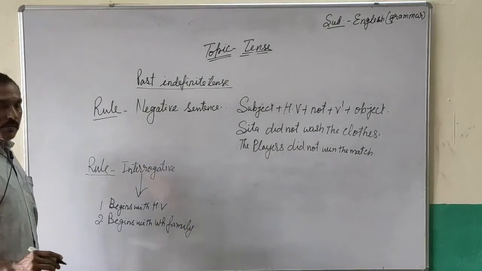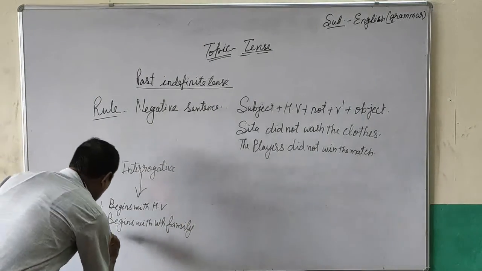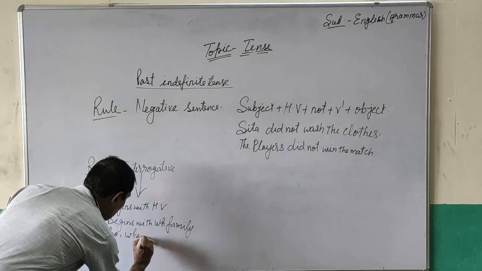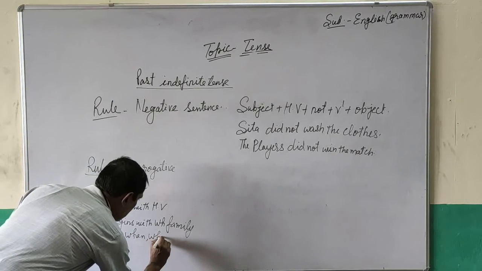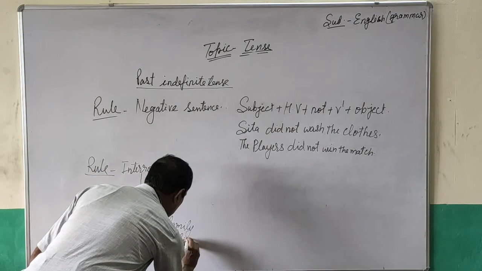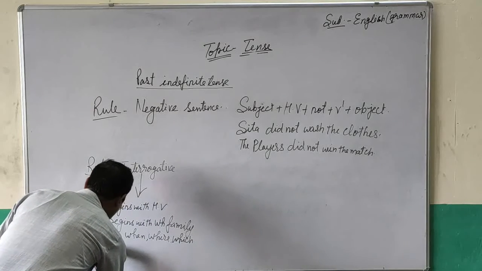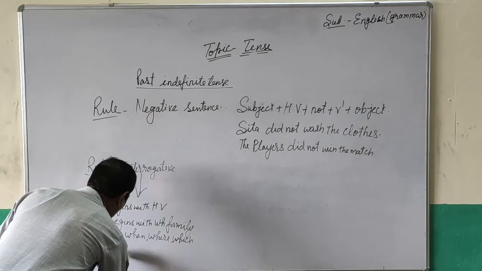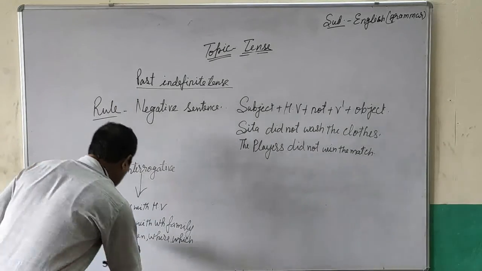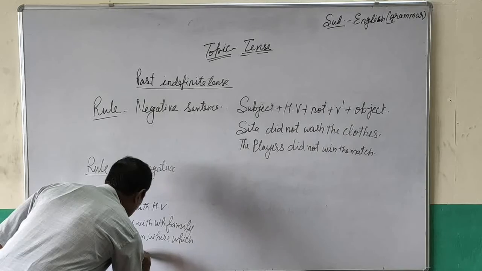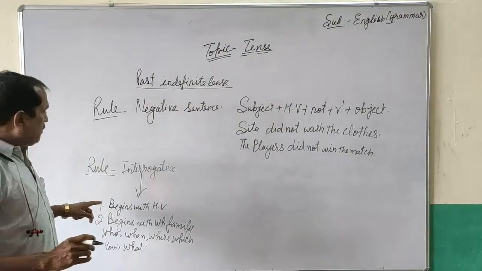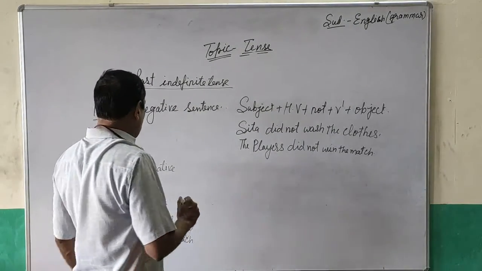Do you know WH family? As we write who, when, where, which, also how, and what. So first of all, we take the example of begins with helping verb.